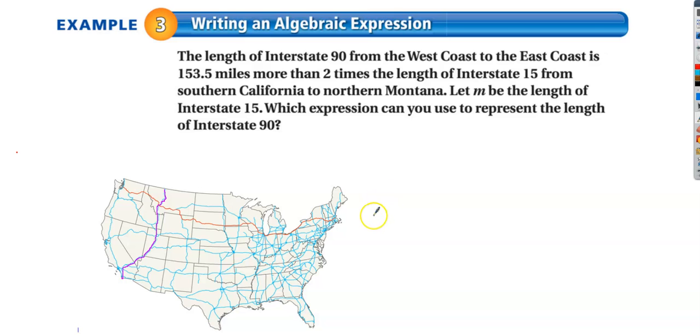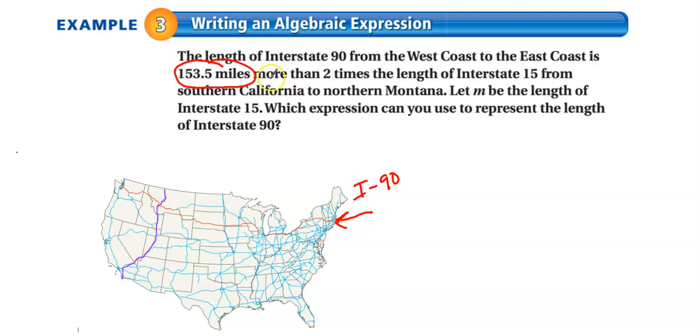So now I know that I'm going to draw an arrow to the red interstate highway, right? So this is I-90, and then it talks about how much bigger it is than Interstate 15. So I'm going to circle this number because that is an important number.